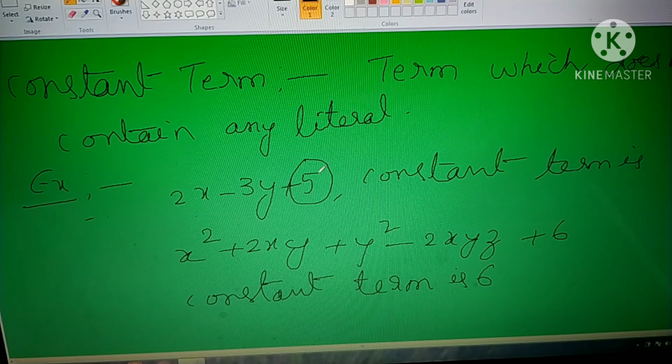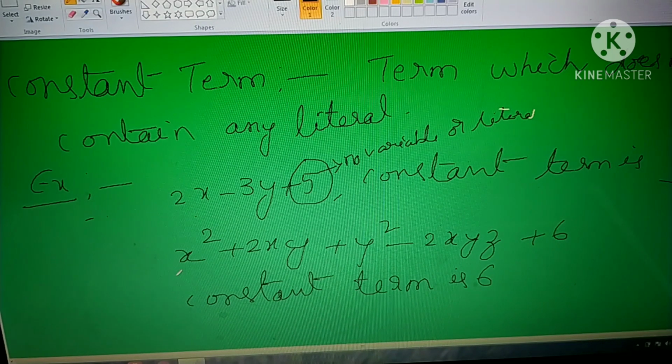Here we have no literal, that means no variable. So these types of terms will be called constant term. So the constant term here is 5.